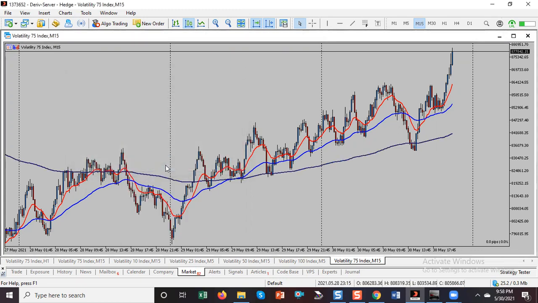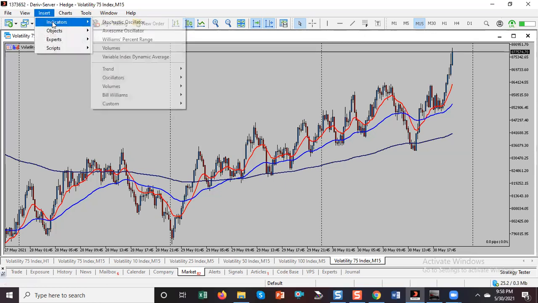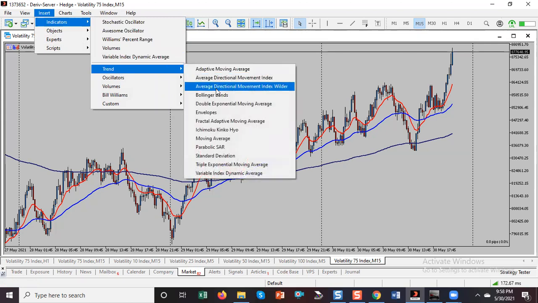Okay, right, so we still have another indicator. We're still going to be using the ADX, which is the average directional index, not the wider one, but this average directional index.